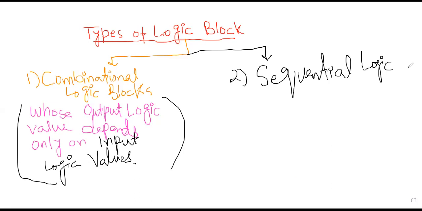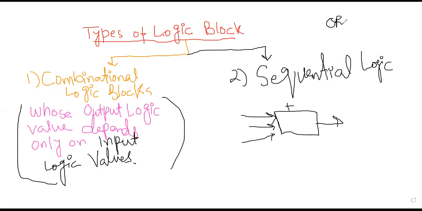Let's suppose this is my gate with multiple inputs: 1, 2, and 3. The output depends on my input values and the state of the block. Suppose the state of the block is positive, meaning OR.